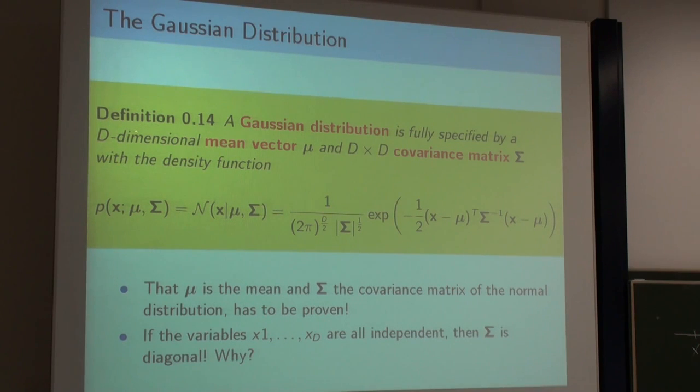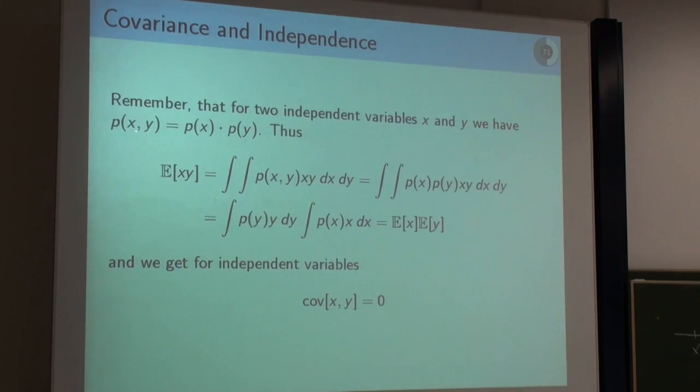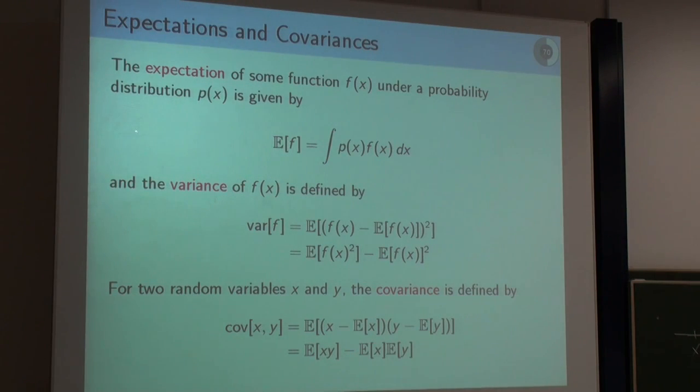And how will this be proven? Actually, it will be an exercise for you to prove that the expected value of such a normal distribution is mu. How will this be proven? You will just apply the definition. Let's go back. Here.